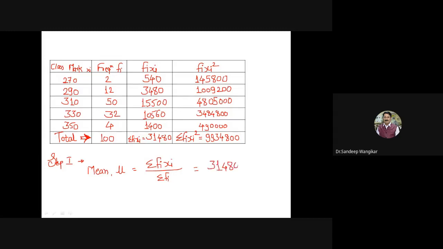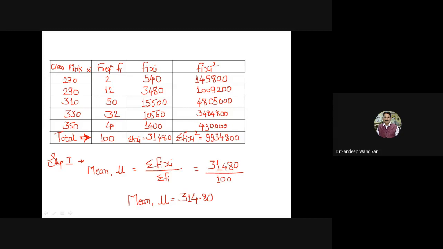31480 divided by 100. Friends, very simple. I can say here mean, mu, is equal to 314.80. No calculator is required.